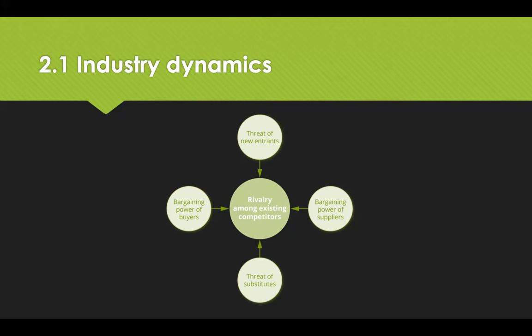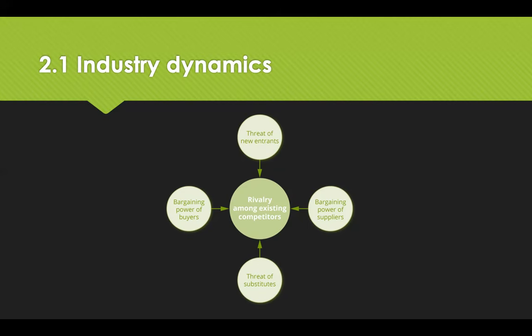So Porter's forces model is a tool for understanding the supply market and the competition, used for strategic sourcing and the development of general purchasing and supply management. And a 5 forces analysis is used for anticipating and exploiting industry structural change.